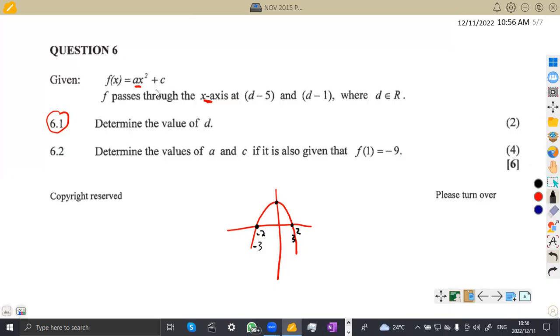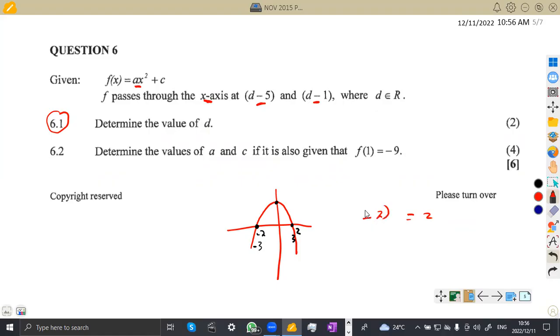So you can take advantage of these values of x, d minus 5 and d minus 1. We are saying they must be equal in size, because like I was saying, if this is minus 3, this is 3. We are simply multiplying one solution by a negative to obtain another solution.